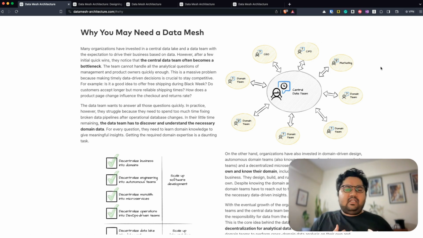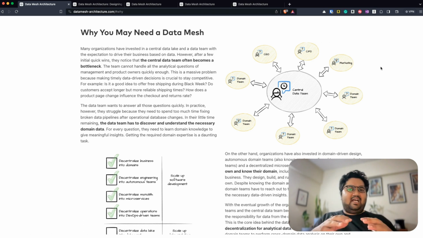These could be domain teams, multiple domain teams, right? Customer teams, marketing team, sales team, analytics team, or maybe supply chain team, depending on the type of enterprise you have, and different kinds of domain teams would exist. And then you would have some cross-functional teams like finance team, HR teams, and stuff like that. And they would also want to work with data in their own way.